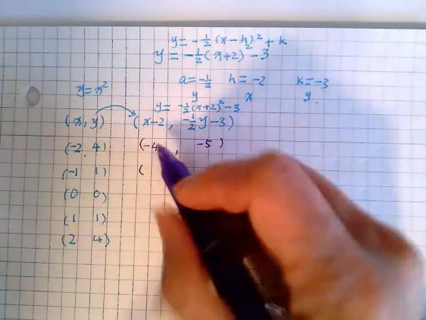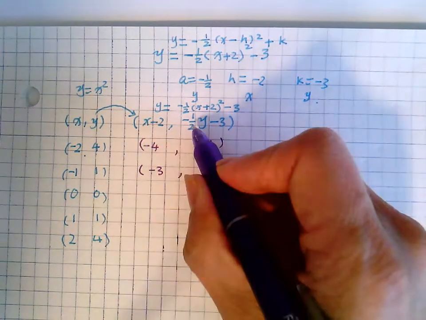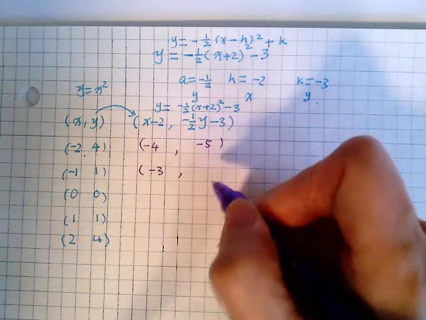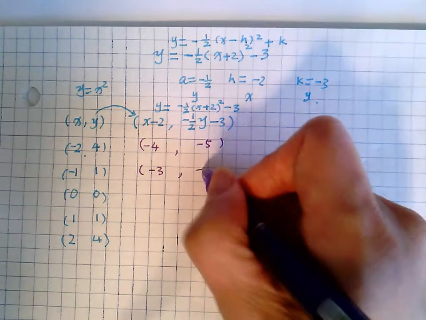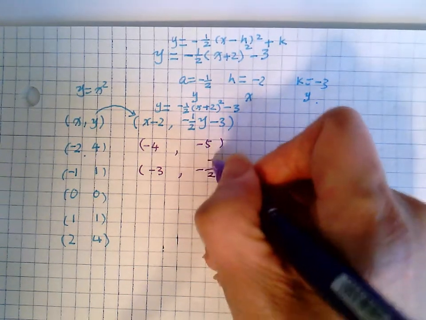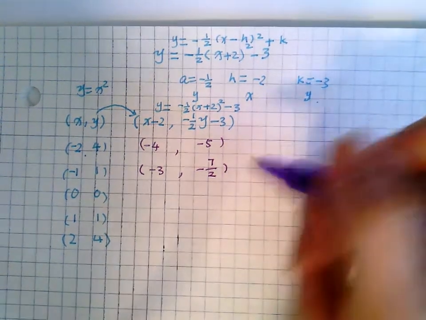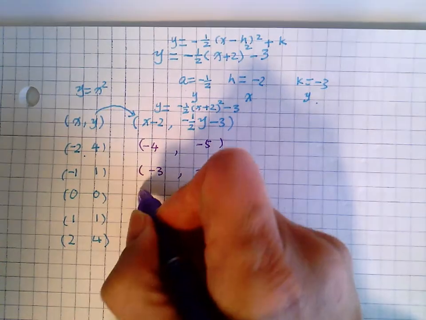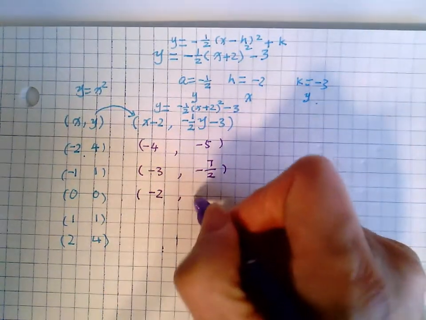The second transformed point is negative 1 minus 2, which is negative 3. And 1 is going to be transformed to negative a half minus 3, right? So that is negative 7 over 2. And here, 0 minus 2 gives negative 2. Here, 0 gives you negative 3.